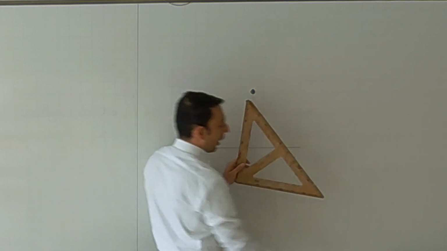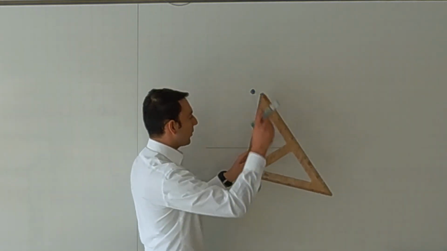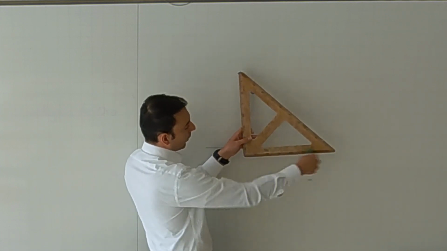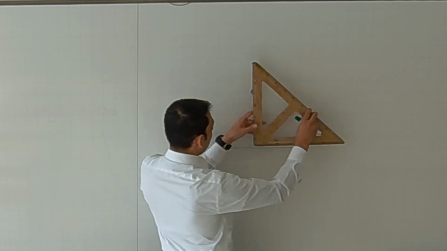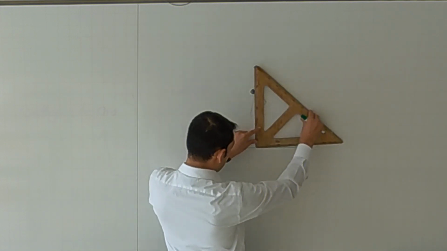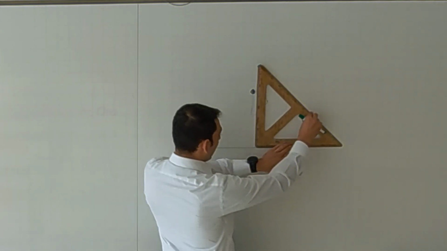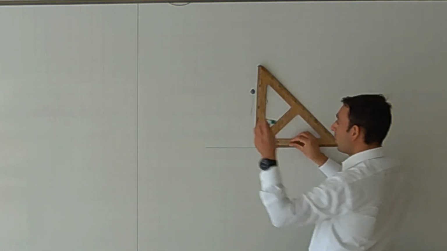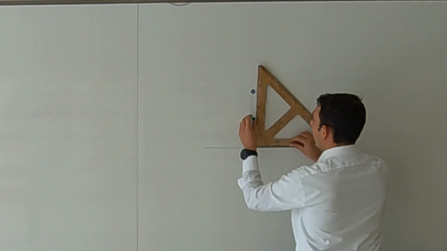Okay, now you have to take your pencil and put this side of the square ruler on the line. Okay, and put it here, and put your pencil on the rope.